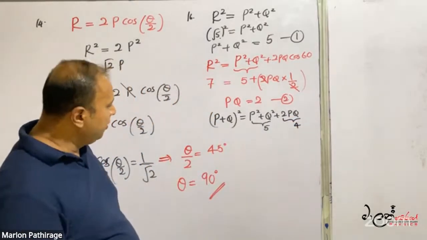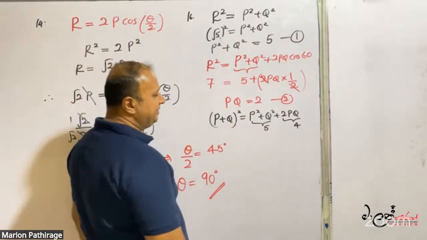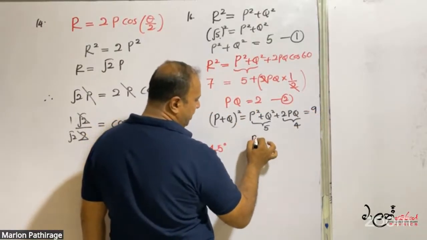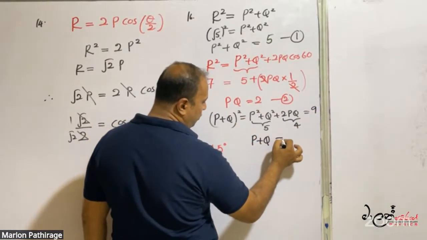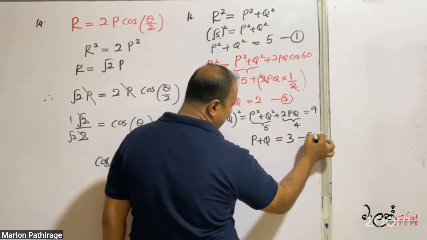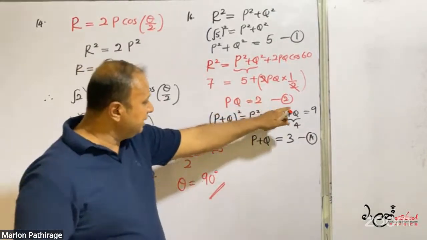Therefore, P plus Q squared is equal to 9. P plus Q squared is equal to 9.